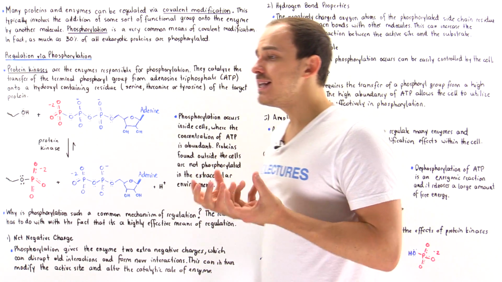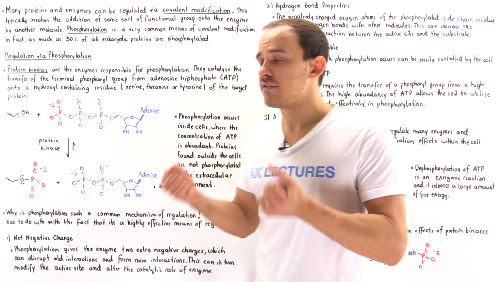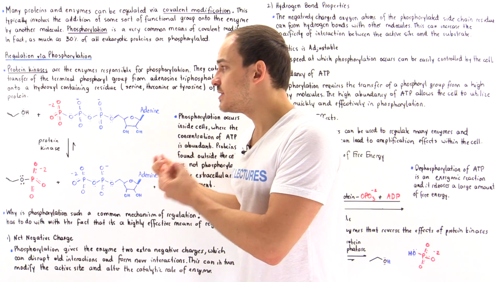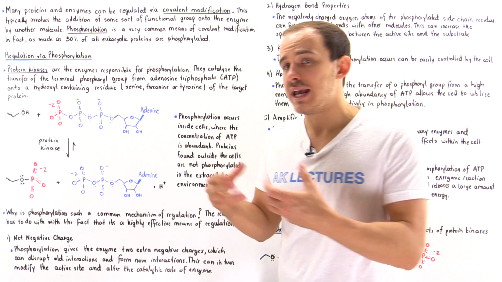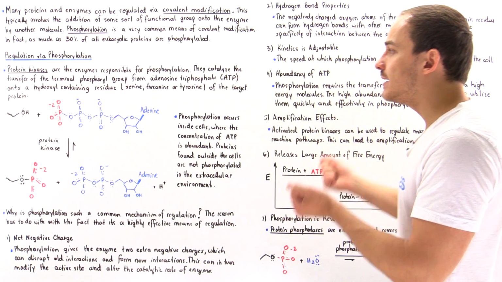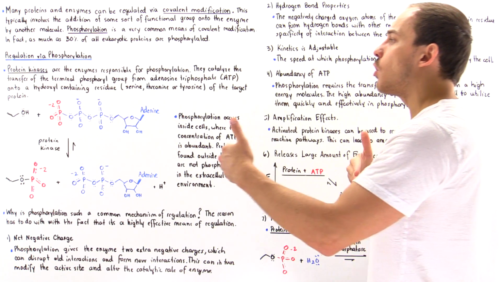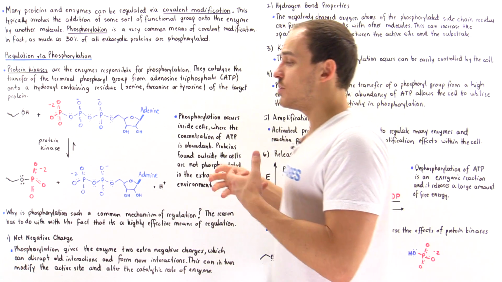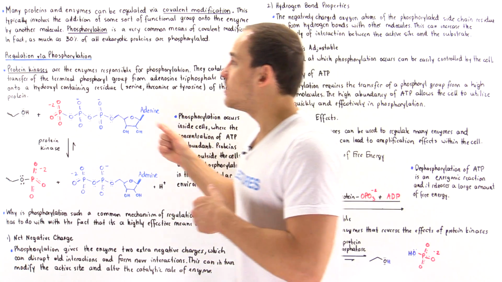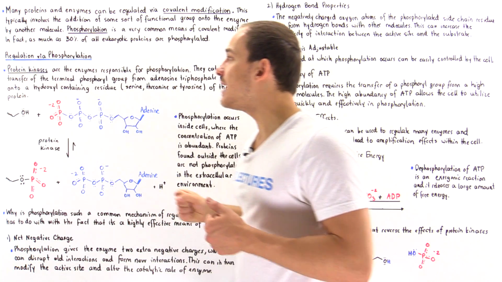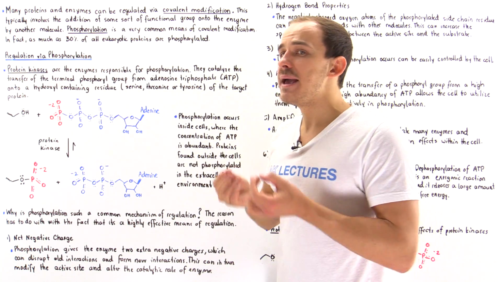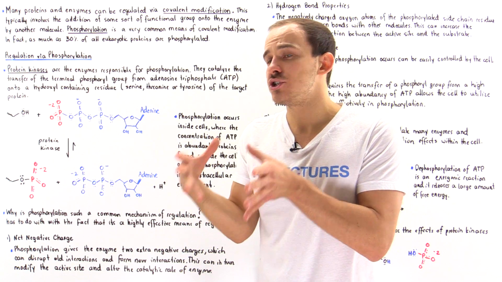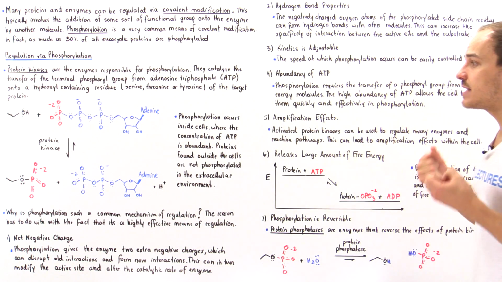Depending on the physiological needs of the cells, this reaction can take place very quickly, in a matter of seconds, or it can take place over a very long period of time. The rate at which the protein kinases catalyze the reactions depends on the conditions found inside our cells.